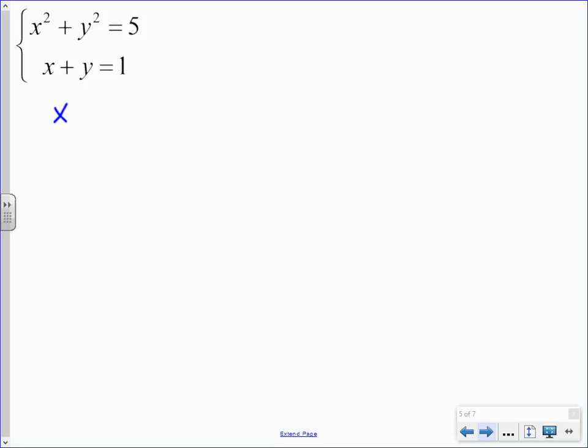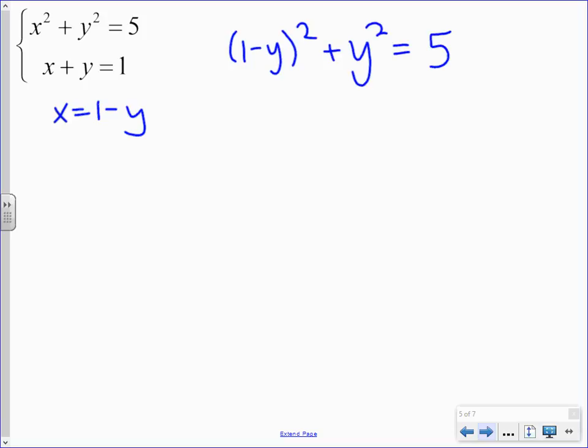So x equals 1 minus y. Plug that into the first equation. 1 minus y squared plus y squared equals 5. Now, ladies and gentlemen, what does 1 minus y squared mean? We have to FOIL.